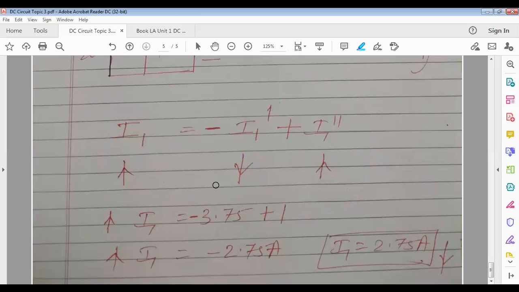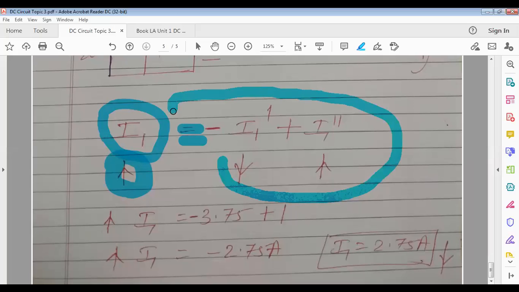Now what you have to do with reference to this direction? The superposition theorem states that the current flowing through the load resistance when all the sources are there is equal to the algebraic sum of the currents flowing through the load resistance when considering a single source at a time and making the rest of the sources inoperative. Algebraic sum means, with reference to the current direction, you mark the polarity. I1 is upward and I1 dash is downward, so you have to assume this as negative.